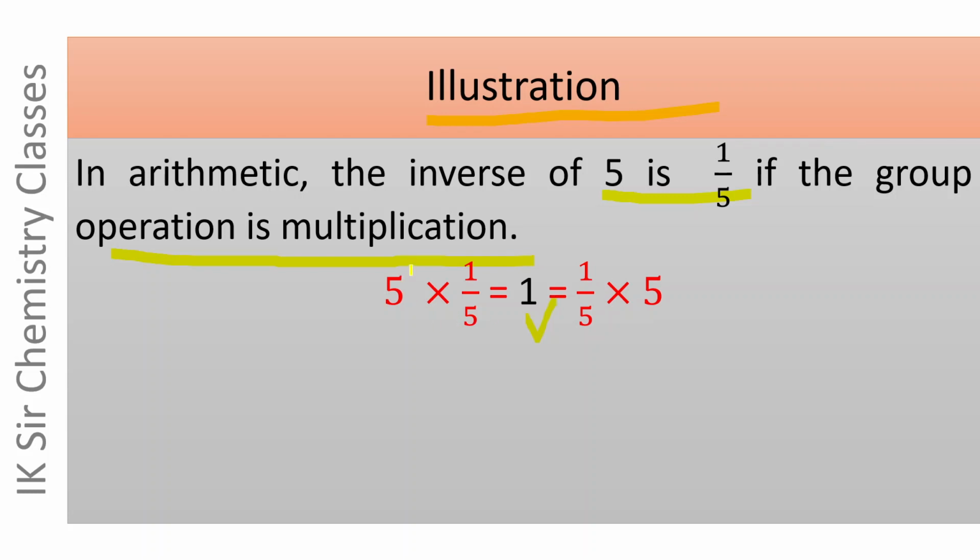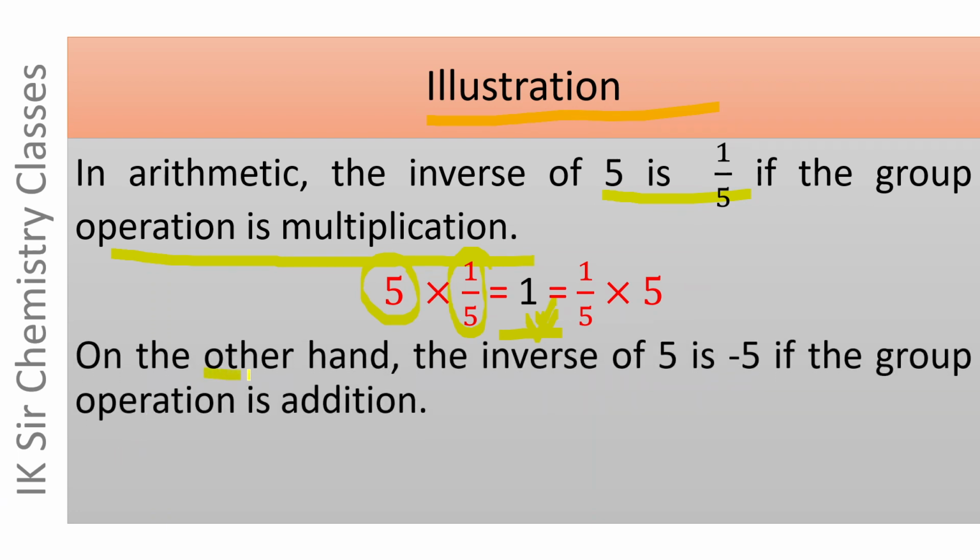If an element of a group is multiplied by its inverse, the product is equal to the identity element. And the law of commutation holds good. 5 multiplied by 1 by 5 is equal to 1. At the same time, 1 by 5 multiplied by 5 is also equal to 1.